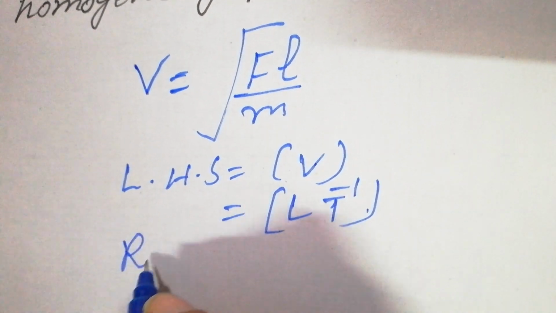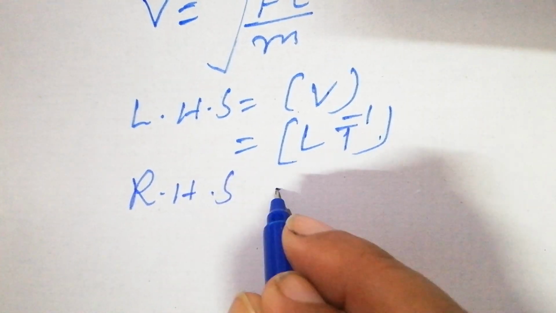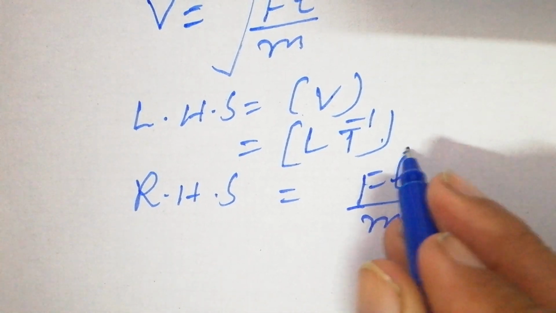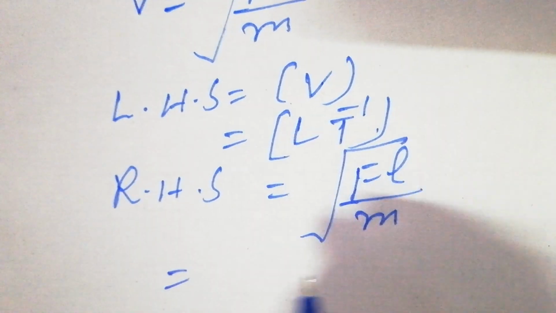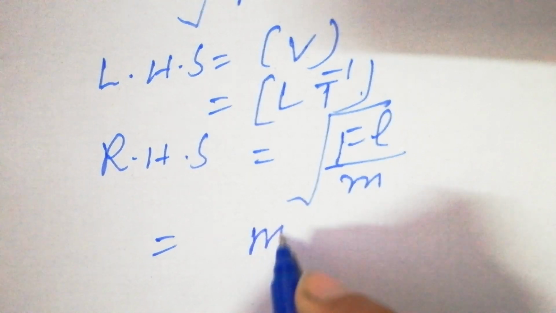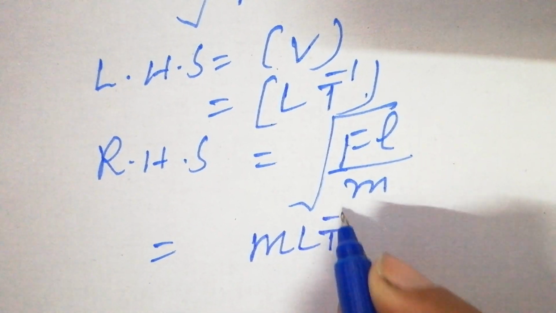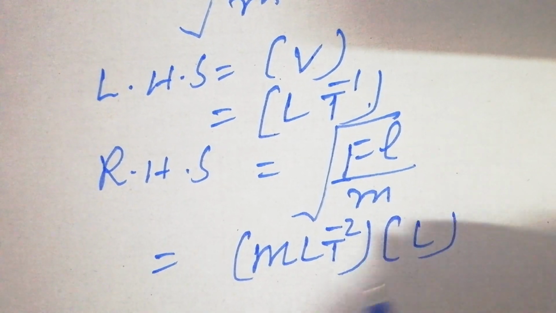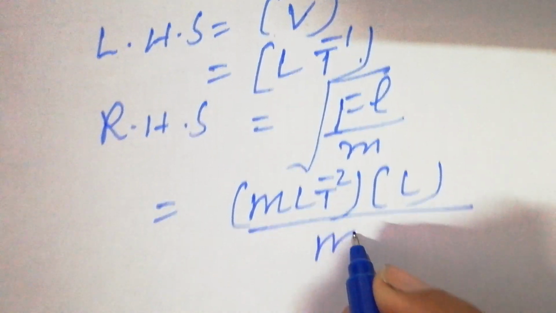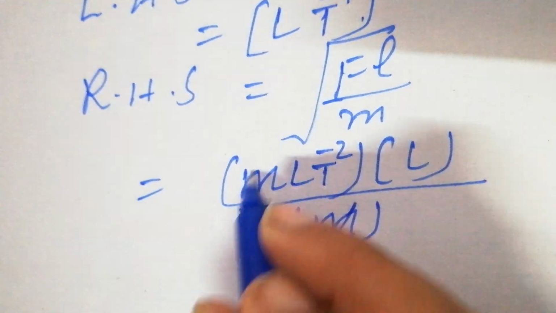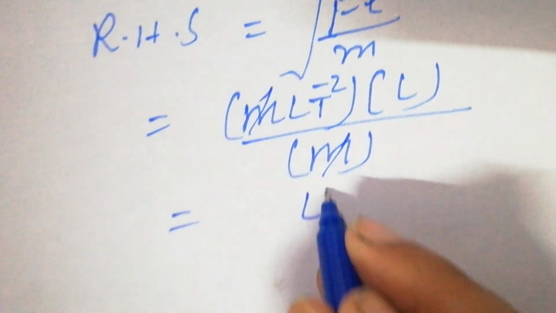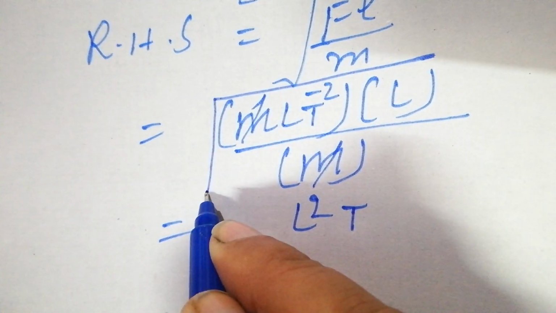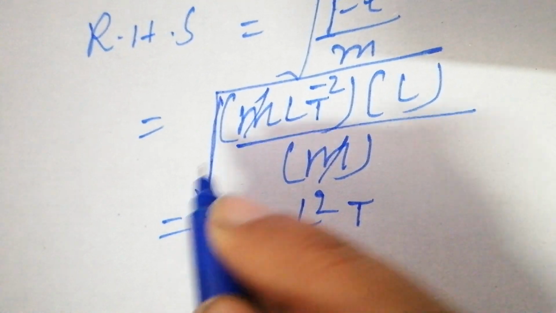Now we are taking the right hand side, which is the square root of FL over m. Writing the dimension of the force, we all know the dimension of the force is MLT^-2, the dimension of the length is capital L, and the dimension of the mass is capital M. So M is cancelled and we get L^2 T^-2, and we have to take the square root as well.